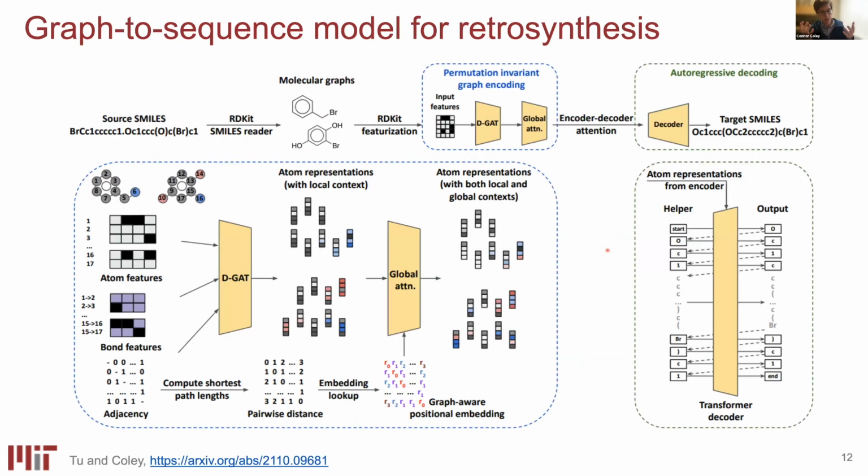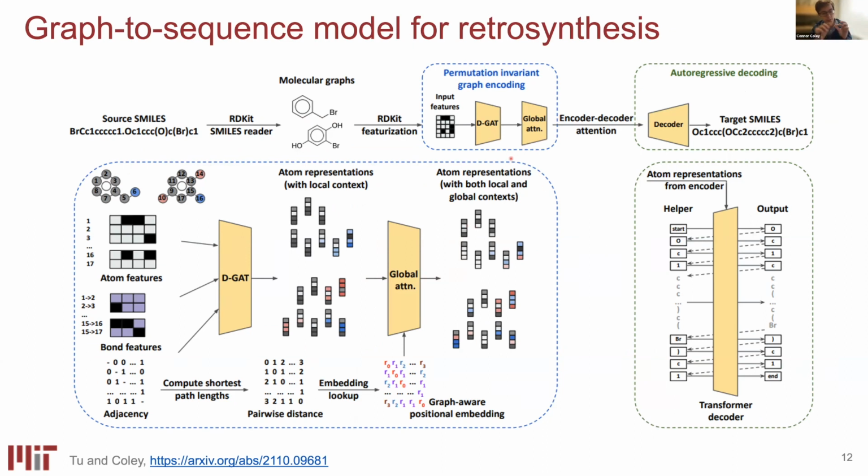So it's one example of a model that we've recently built and released. This is a graph to sequence approach for retrosynthetic planning. So retrosynthesis is trying to take a product molecule as input and output reactant molecules. And in this formulation, what we wanted to do is take advantage of graph representations and graph encoders, which can be very effective ways of perceiving molecular structure. And so we have the graph as inputs, right, to this network.